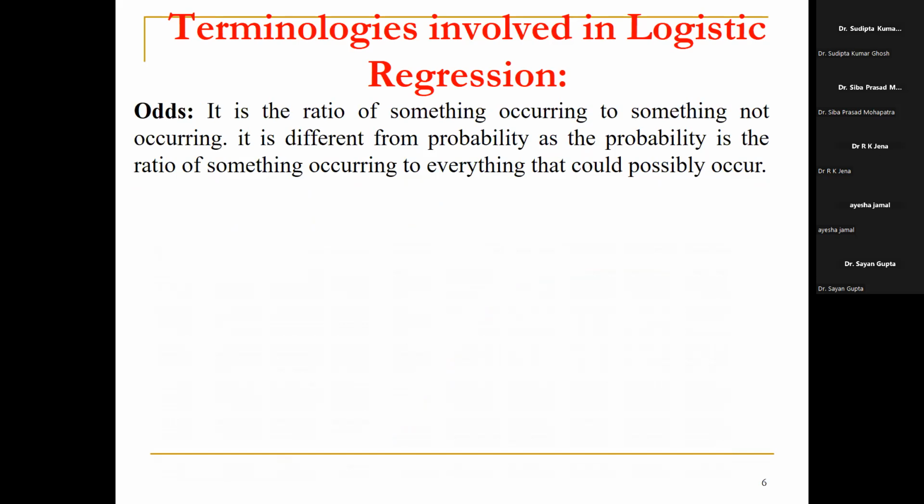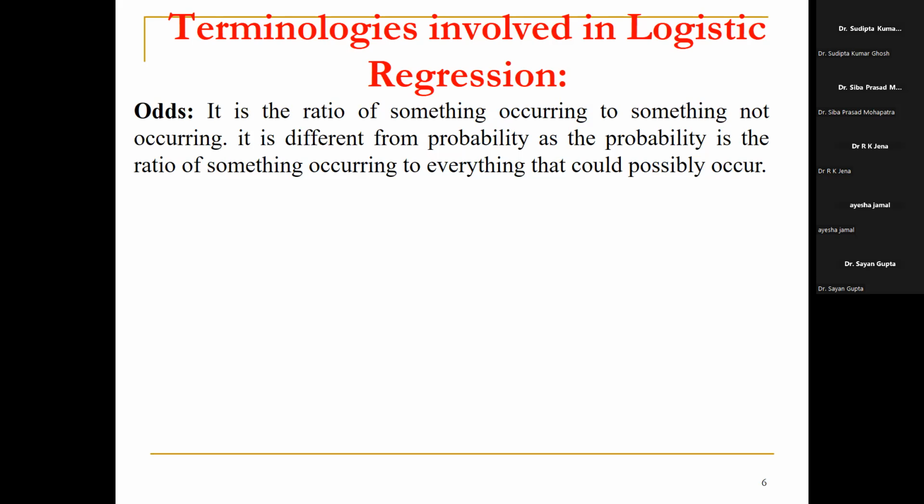Everywhere, either it is coming to the class or not coming to the class. So we have to define a probability of either coming to a particular class or not coming to a particular class. The relation between these two is defined in terms of odds. That is called the odds ratio.